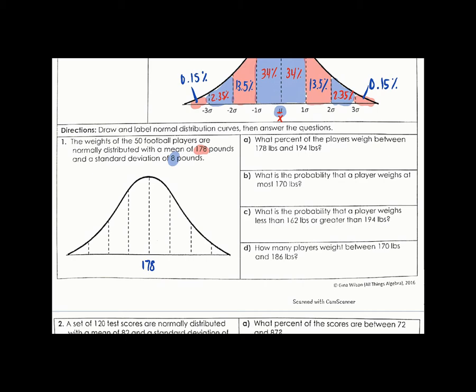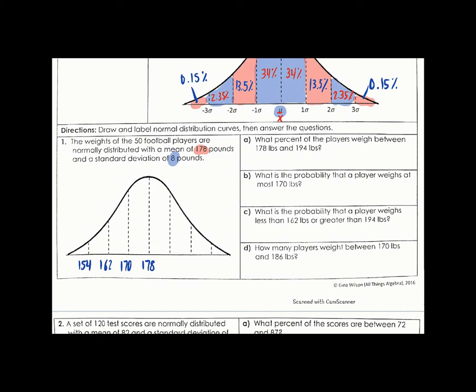What is 178 minus 8? 170. What's 170 minus 8? 162. What's 162 minus 8? 154. So 154 is 3 standard deviations away from the mean. 162 is 2 standard deviations away from the mean. And 170 is 1 standard deviation away from the mean.